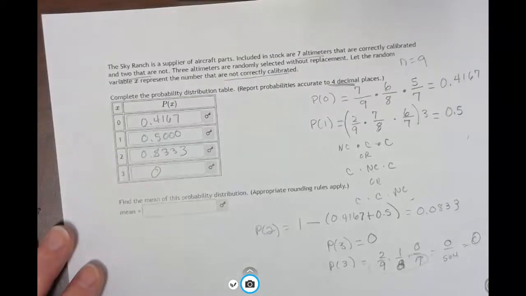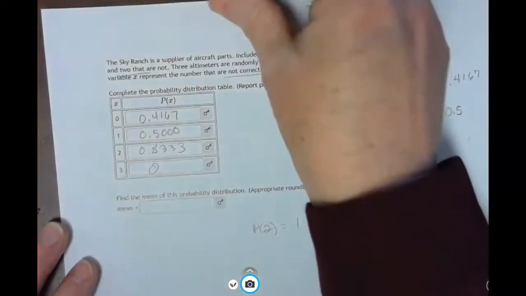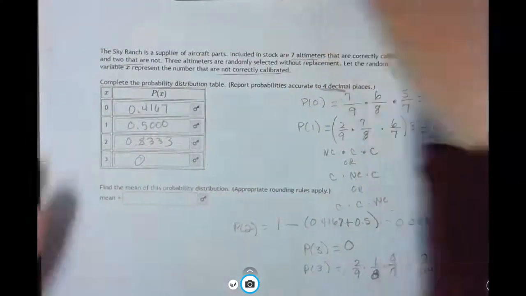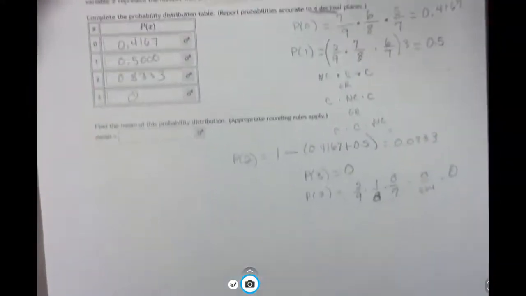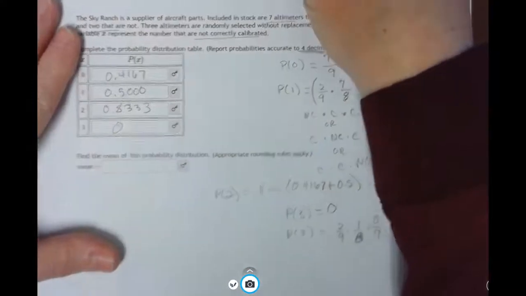So we have our probabilities, and we're going to need all of this to figure out our mean or our expected value. Okay, so let me see if I can give us a little more paper here. Move this up.